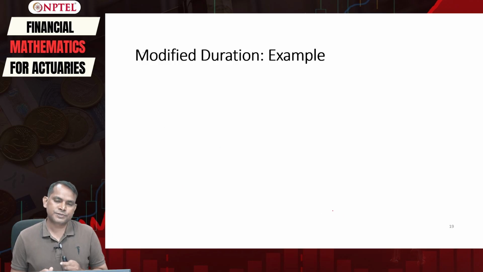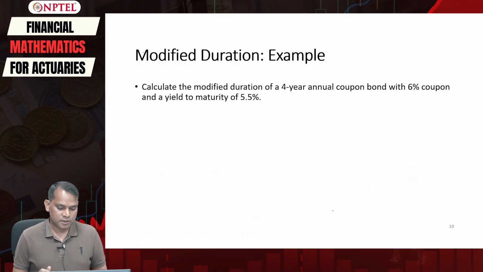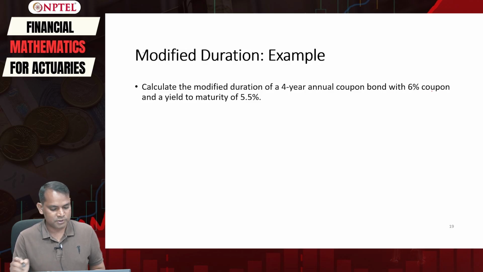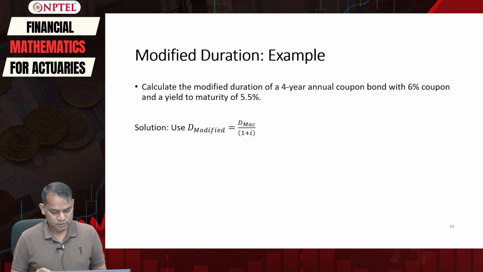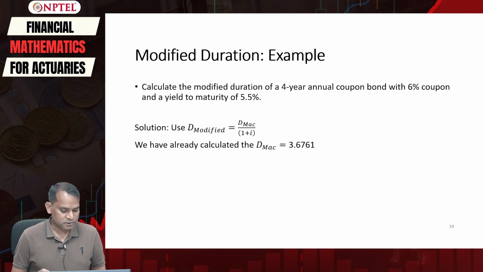So consider this example to understand the modified duration. Calculate the modified duration of the first example we have just understood, that is a 4-year annual coupon bond with 6% coupon and yield to maturity of 5.5%. Then we can use the modified duration formula as the Macaulay duration divided by (1 plus i). We have already calculated the Macaulay duration for our first example, 3.6761, just remember.